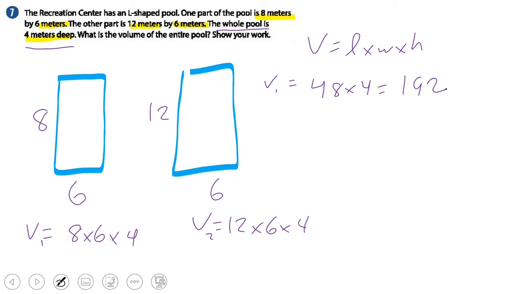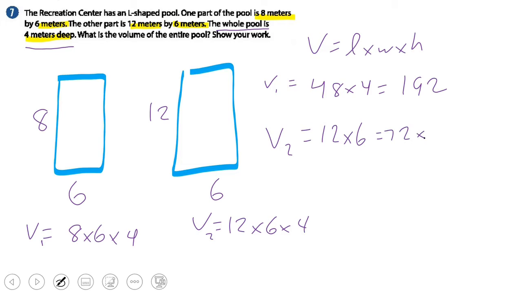Okay, and v2 is 12 times 6, and I know 12 times 5 is 60, plus another 12 is 72.